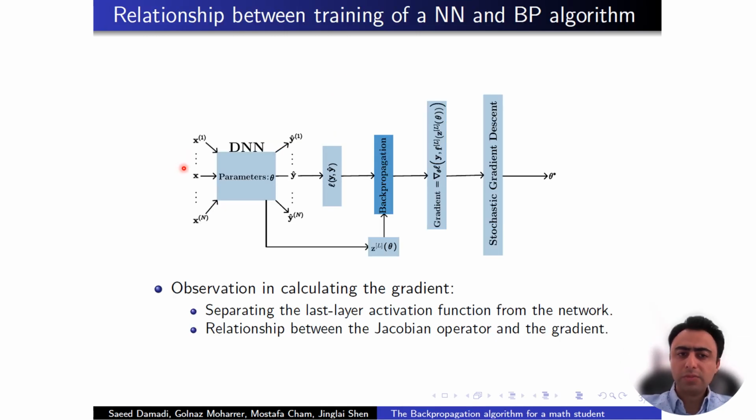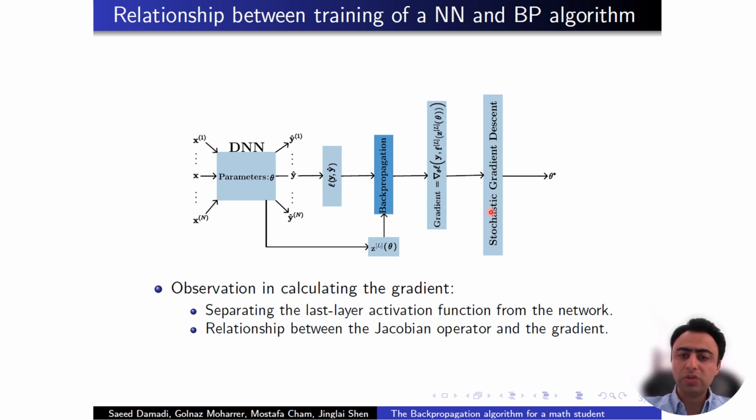For training a supervised network, we pass an input x and get a y hat as the prediction, assuming the deep neural network has the parameter vector theta. Then we measure the error between the actual label and the predicted label, and take the gradient of this loss function. Why do we need that gradient?